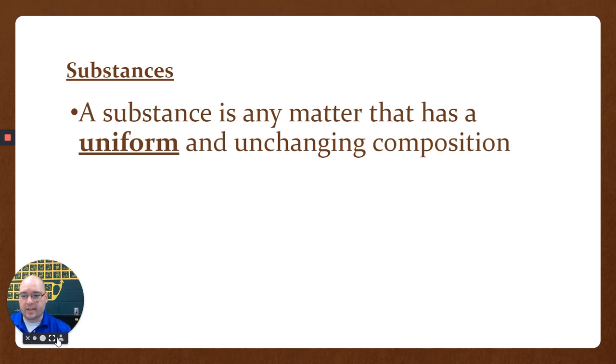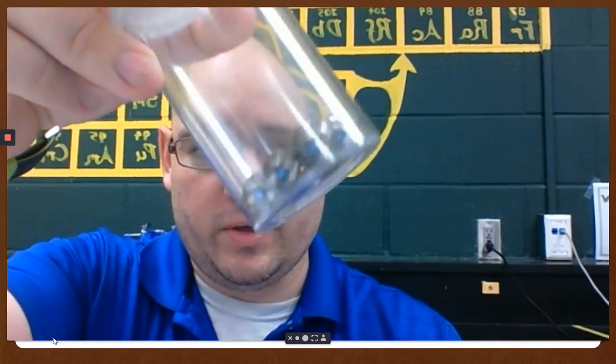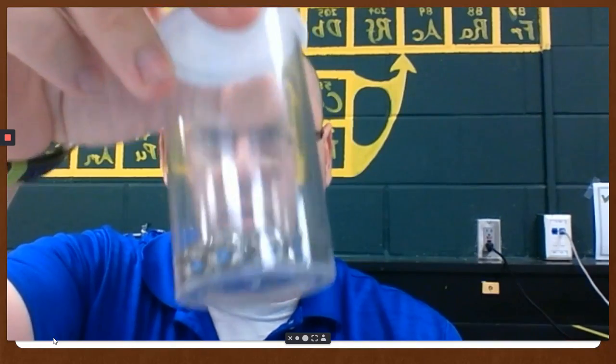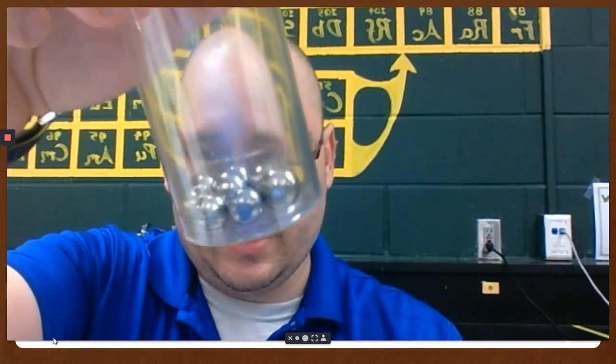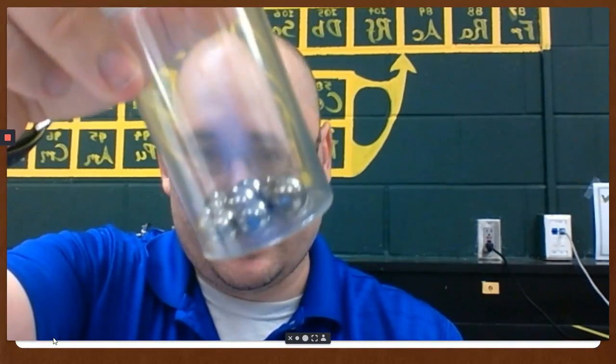Now, I happen to have here a couple of examples of substances, so hopefully you can see this fairly well. This is nickel, all right? It's a metal, but every single one of these is made up of exactly the same thing.